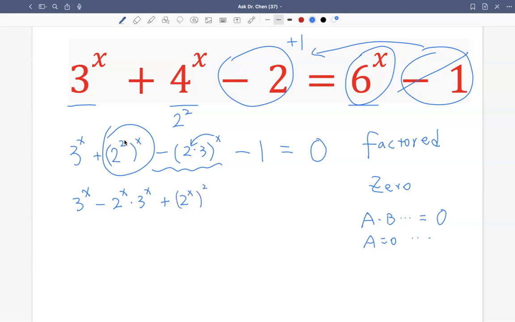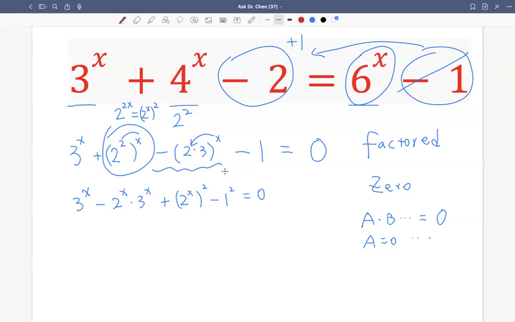With 2 layers of exponents, we multiply them, so we have 2 raised by 2x, and this equals 2 raised by x squared, because we multiply the 2 exponents. All right, then minus 1. 1 we can think as 1 squared, right?